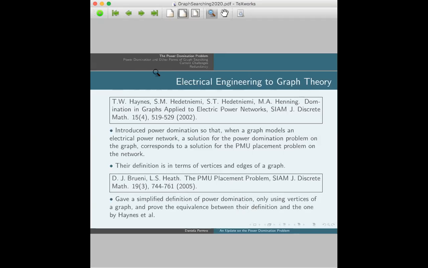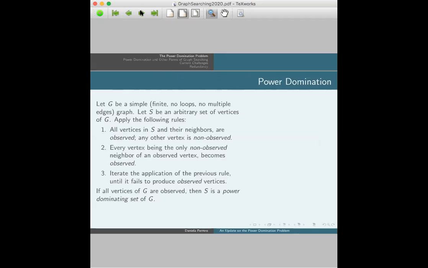And this is the definition I'm going to present today. The definition is very simple. We have a simple graph, and by simple I mean it has to be finite, with no loops and no multiple edges. We select a set of vertices, and we're going to define the vertices observed by that set of vertices.